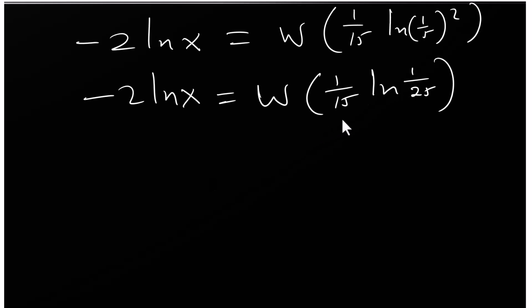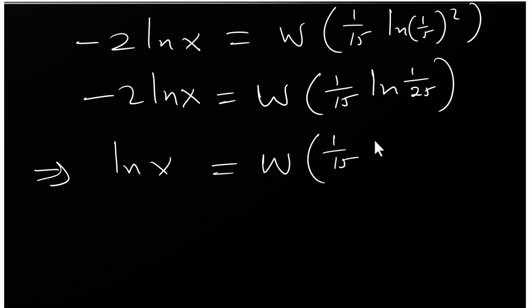Okay, so now that we have this, let's solve for x as we divide both sides by -2. So we have ln of x equals W function of 1 on 15 ln of 1 on 25, all over -2.